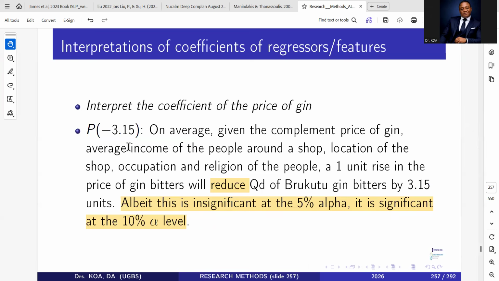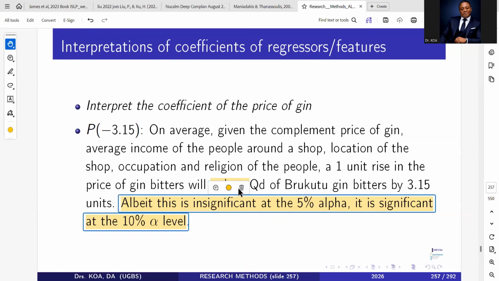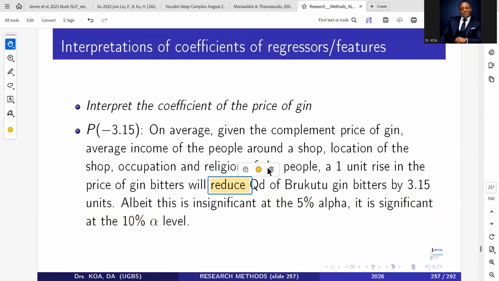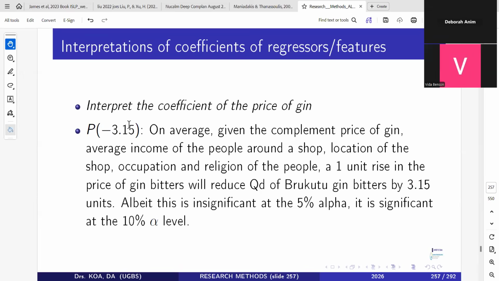In fact, it's best if you say it and write it. So who can read this for us? We are looking at the coefficient of price, and the coefficient of price is negative 3.15. How do you interpret it? Who can read it for us? Deborah.